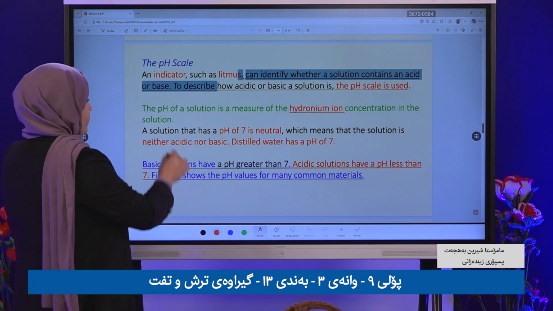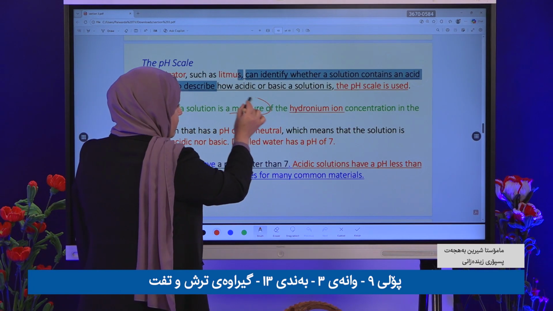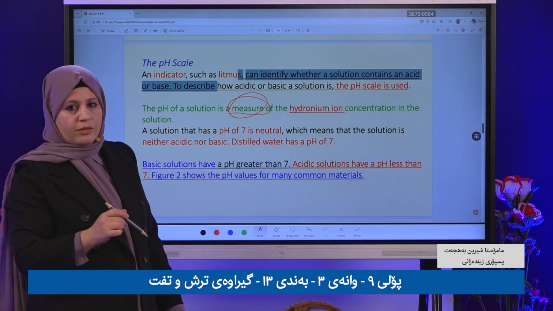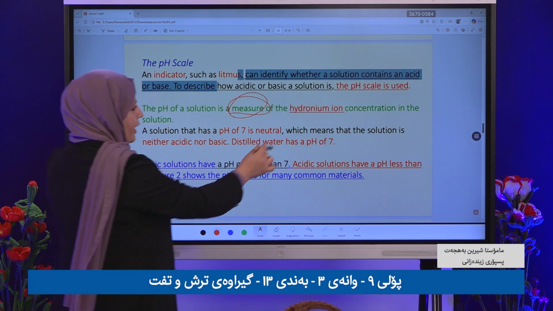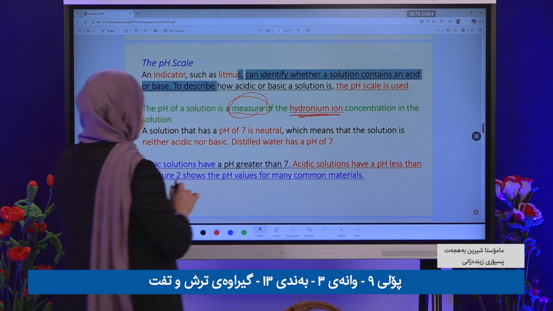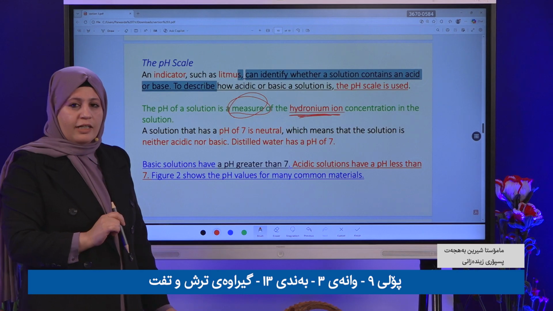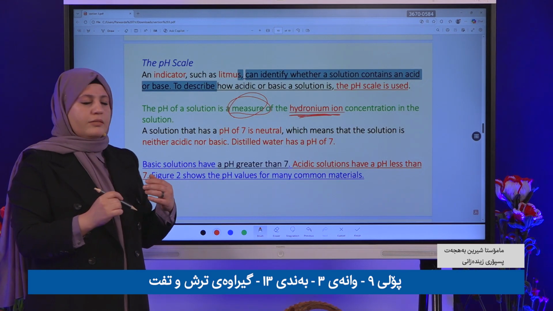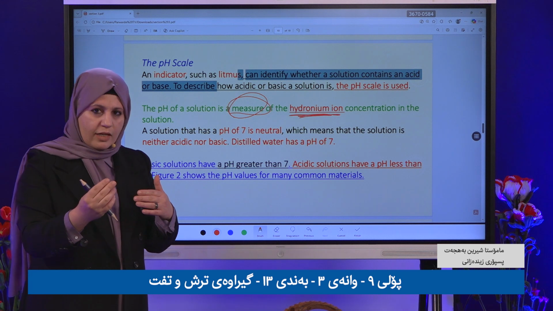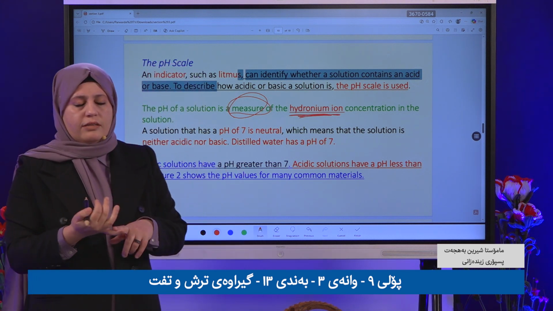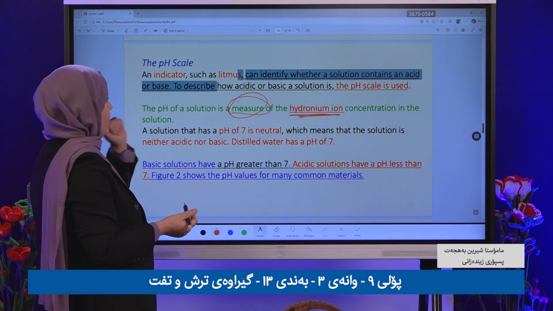By indicator, we describe whether it's a base or acid. But the pH of a solution, what? It measures or gives the value. Okay? It's the measure of the hydronium ion concentration in solution. Clear? Have you seen the difference between the pH scale and indicator?